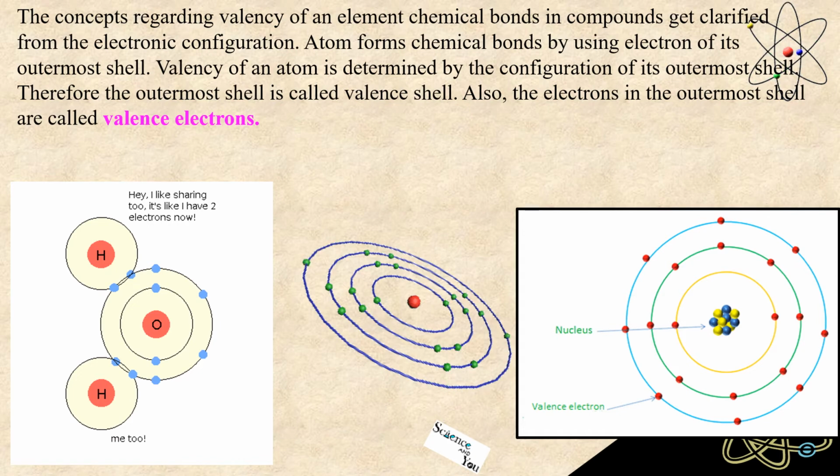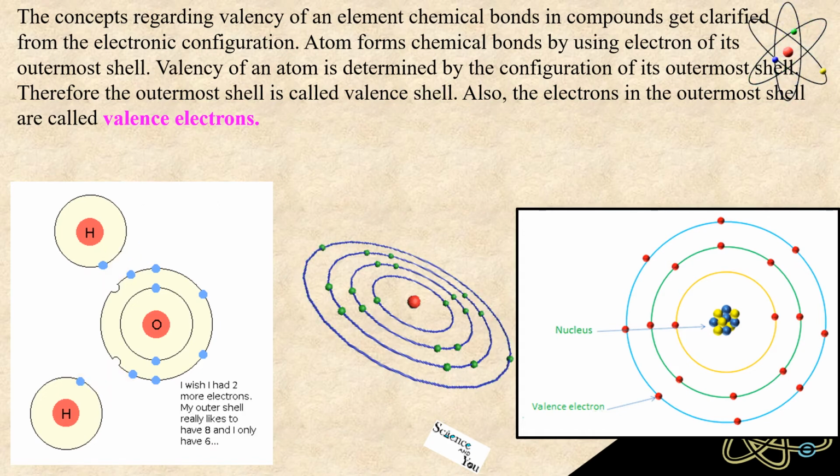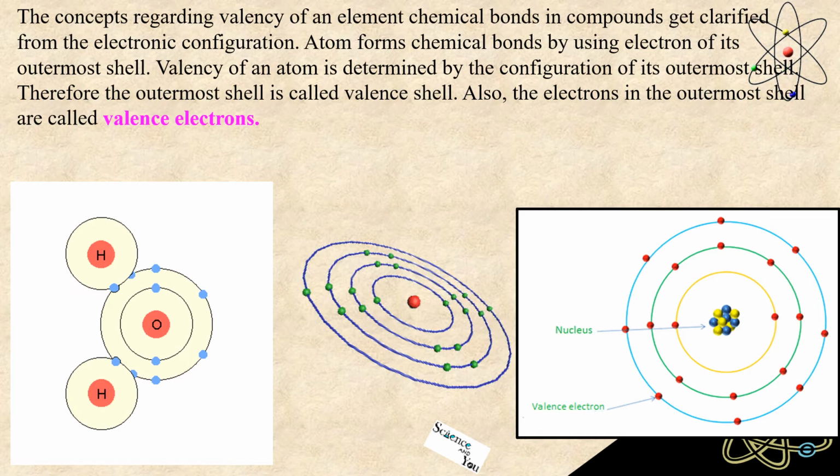Here in the first example you can see there are two hydrogen atoms and one oxygen. Oxygen requires two more electrons to complete its octet, to make itself stable. And both hydrogens have one each.